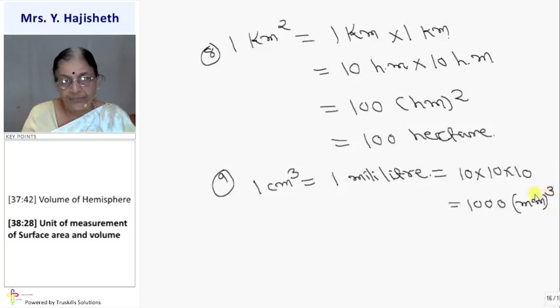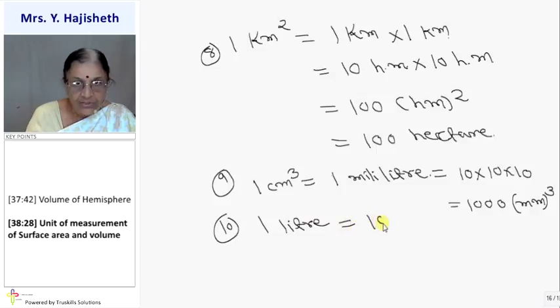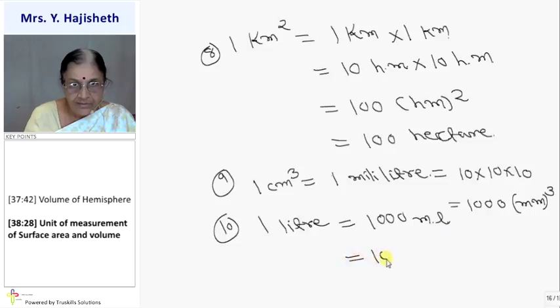Okay. 1 milliliter is 1000 millimeter cube. 1 centimeter cube is 1000 millimeter cube and is 1 milliliter. And see, 1 liter is equal to 1000 milliliter. So it is 1000 centimeter cube. Clear?